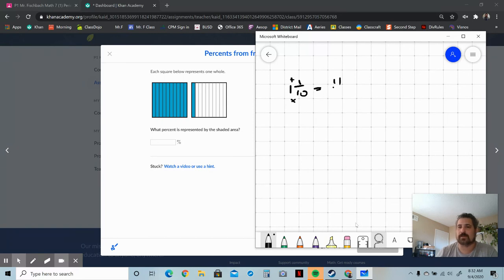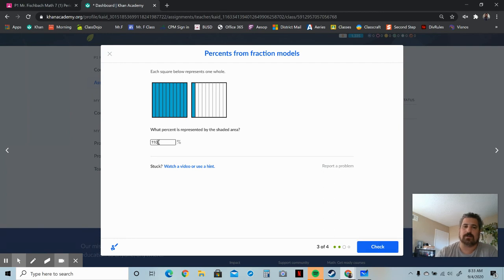That's 11/10. To make it an equivalent ratio out of 100, times top and bottom by 10. 11 times 10 is 110, and 10 times 10 is 100. So you get 110 out of 100, or 110% for every 100, and that makes sense. It's more than 1. So you go over here and enter 110%.